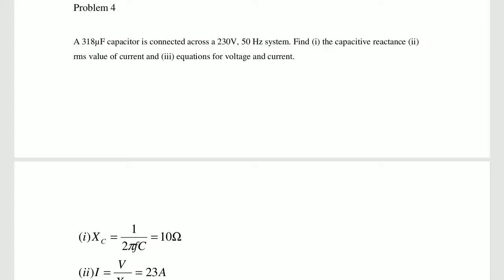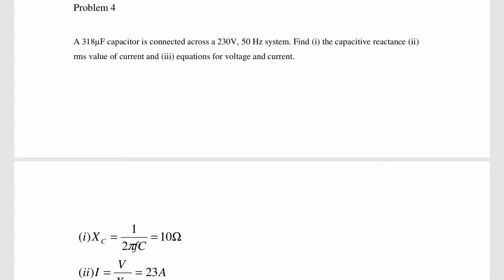So here, problem 4: a 318 microfarad capacitor is connected across a 230 volts supply, 50 hertz system.